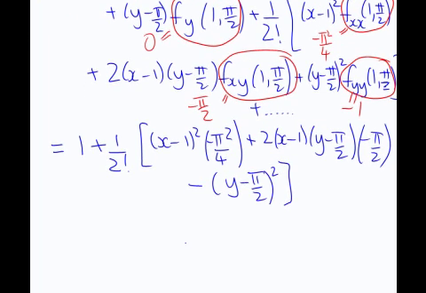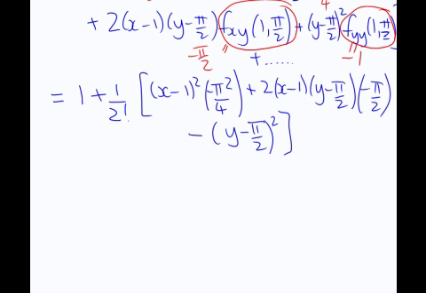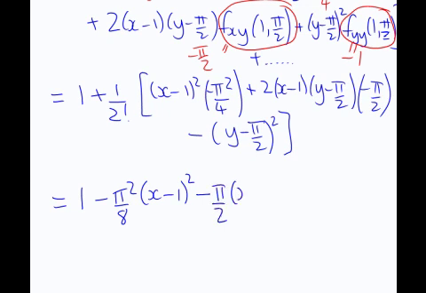So if I just tidy that up in the final line, I've got 1 minus pi squared over 8 times x minus 1 all squared. Then I've got minus, and the half and the 2 will cancel, so I'm left with pi by 2 times x minus 1, y minus pi by 2.